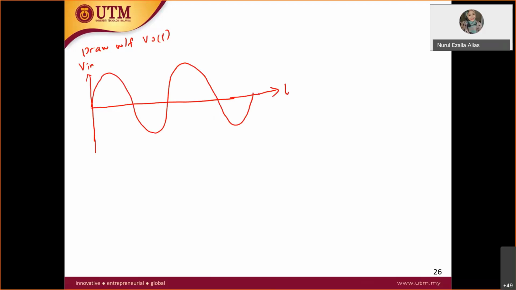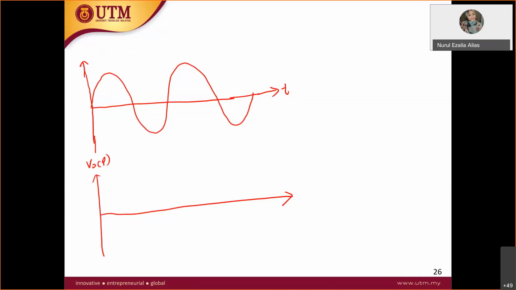So you have T, this is V input, and you want to draw your V output. In the exam, it doesn't matter, you don't have to draw your input. If the question asks you just for the output, just draw the output straight away. So V input here is actually your V secondary. Draw the output waveform. So this is V input, and now V output.